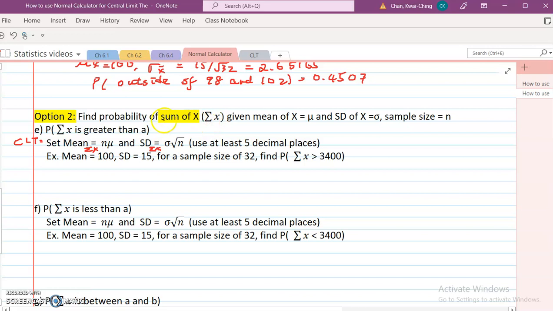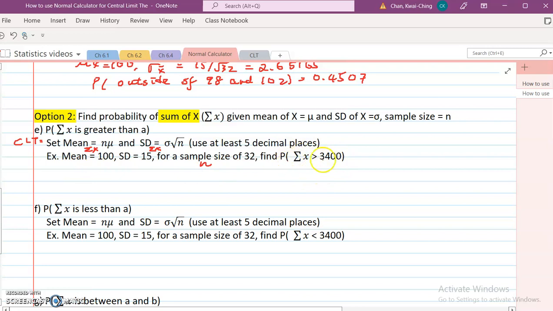We are trying to find the sum greater than 3,400. When the mean of x is 100, every single one of them is around 100, but if you have a sample size of 32, then the sum could be around 3,200.